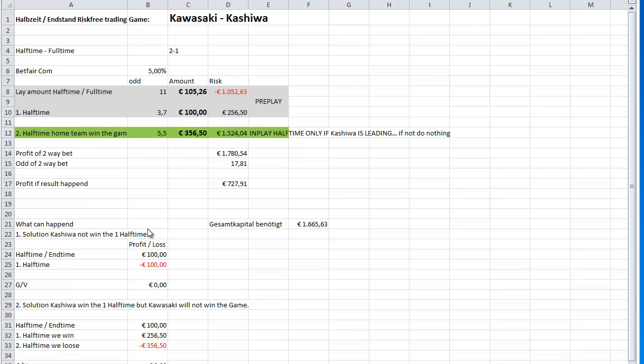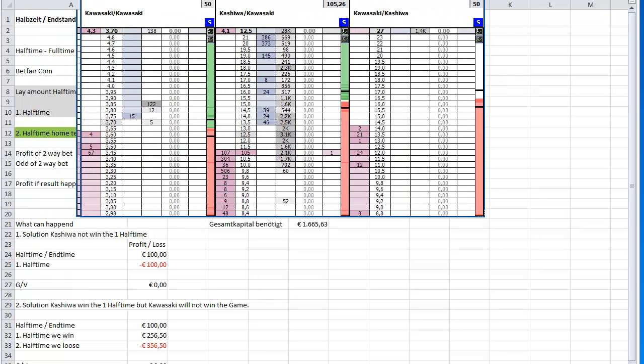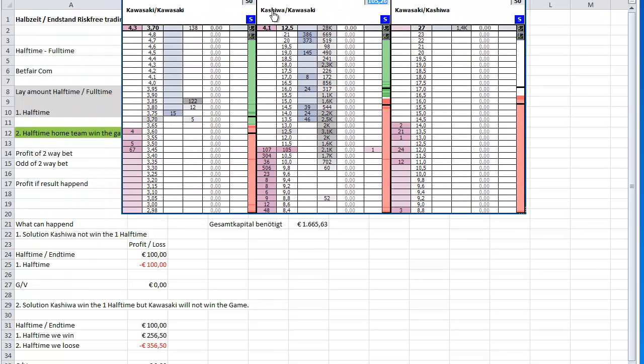So let's have a look at the first possibility of what could happen. If Kashiwa is not winning the first halftime, how does our situation look? We have won the halftime full-time market because Kashiwa is not winning the first halftime, so we get the full amount, 105.26 minus Betfair commission is 100 euros.